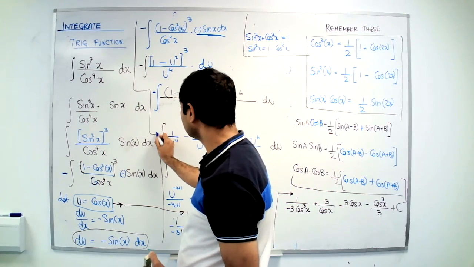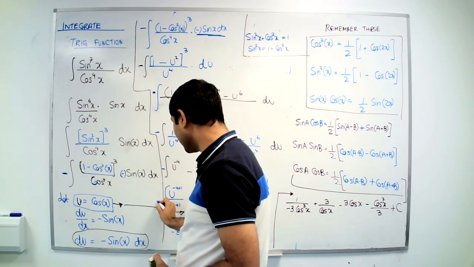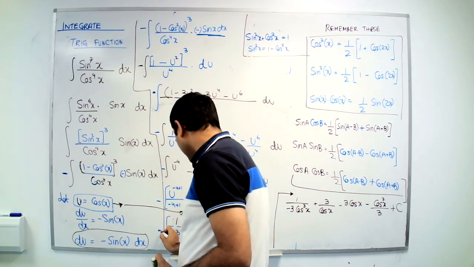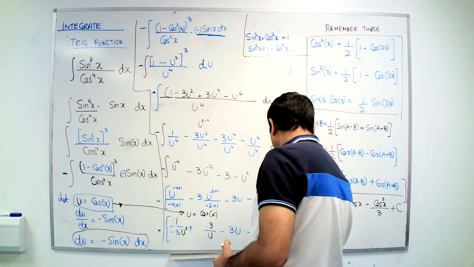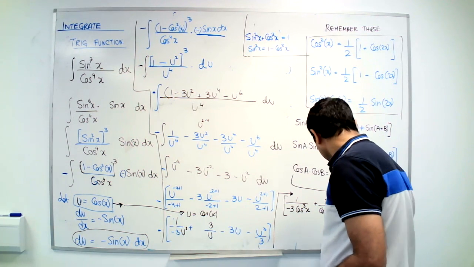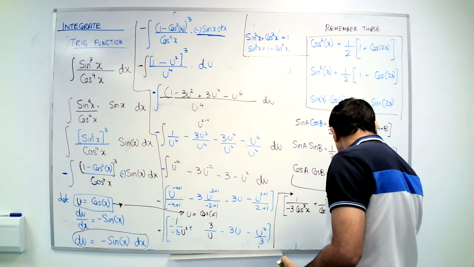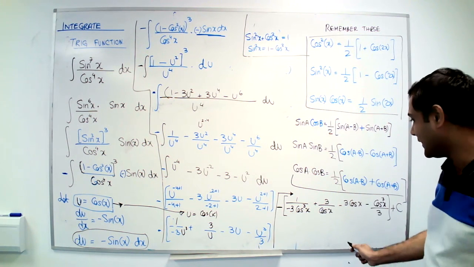You see this minus? I kind of ignored the minus. So there's one minus that's going all the way. So which means there is another minus here. Yeah. And that's your answer.